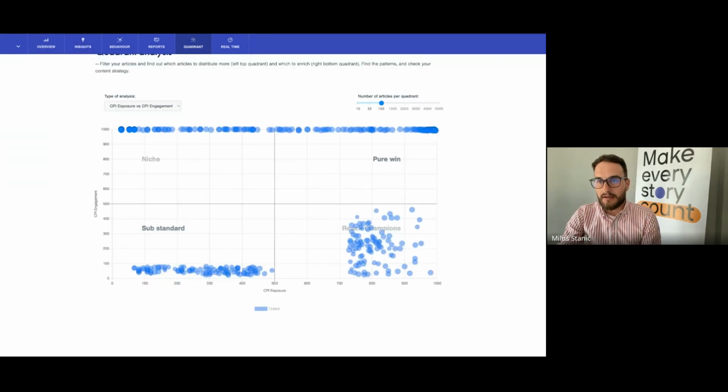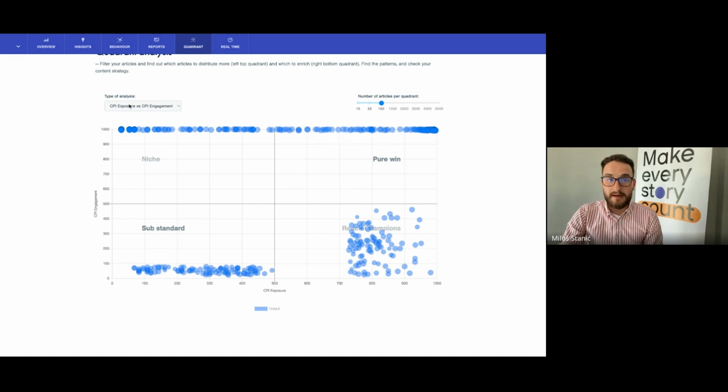Which brings us to the article quadrant, just one feature of the Insights, and Insights is the historical data system, where CPI also lives. This is the quadrant analysis, the easy way of determining which are our best articles and what we can do with them. So we recognize 4 different types of articles: substandard, niche, reach champions, and pure win.